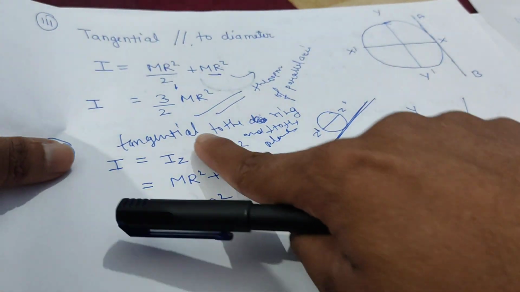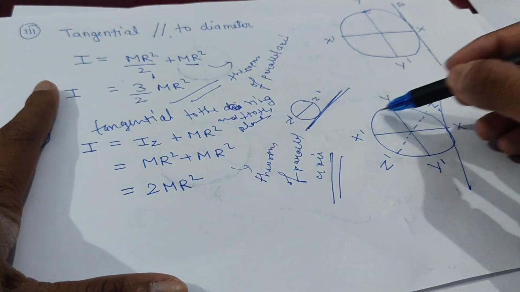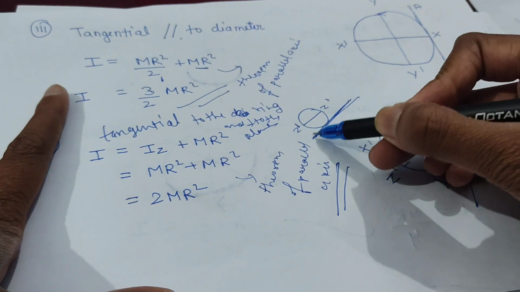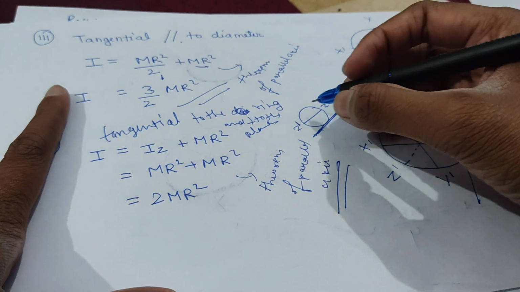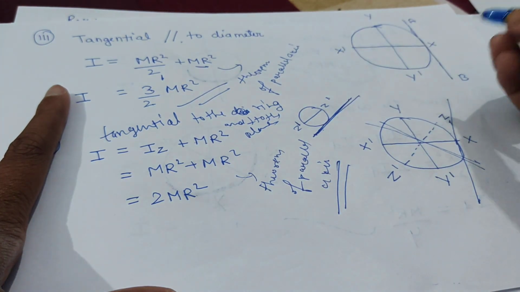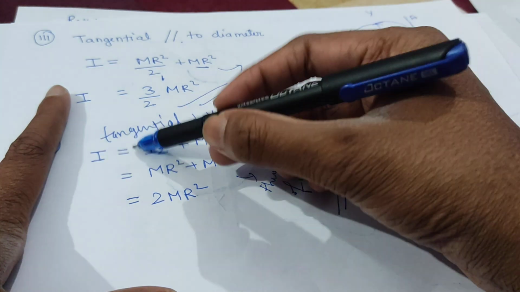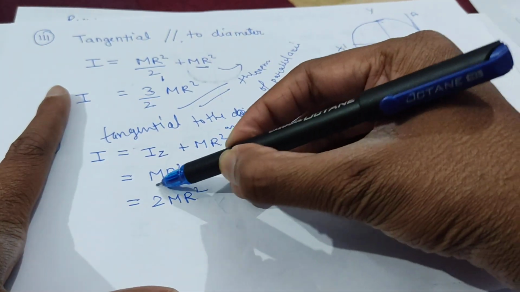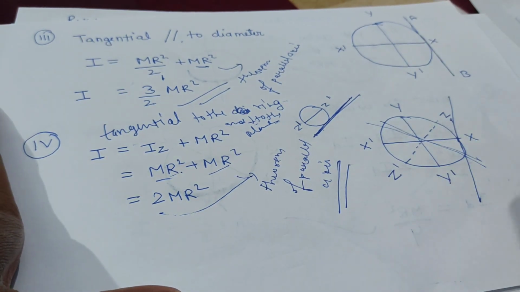It is perpendicular to the plane, sorry, tangential to the ring and perpendicular to the plane. So it would be mr square plus mr square, which is 2mr square. That was for the ring.